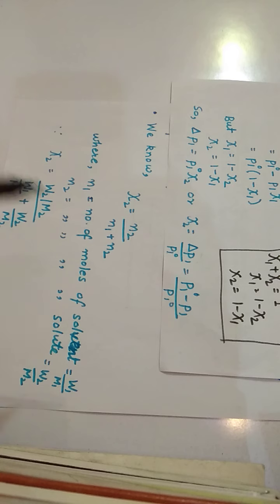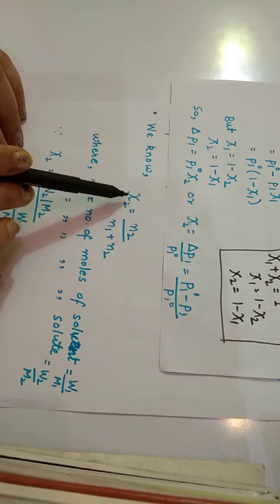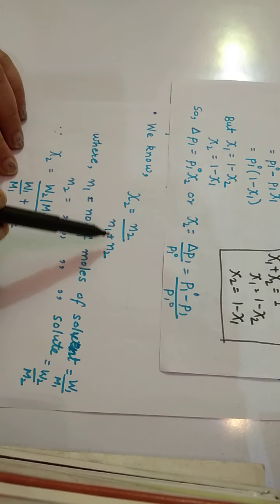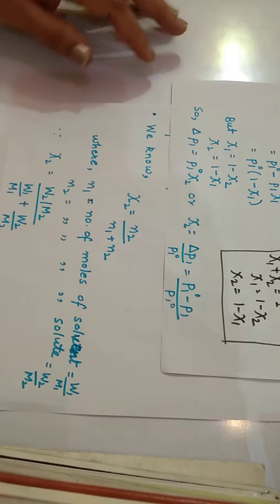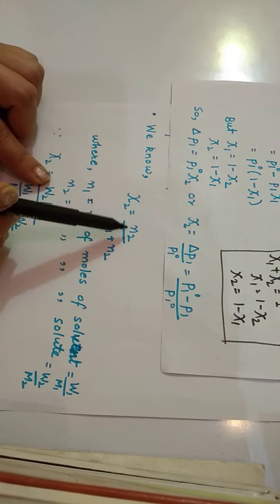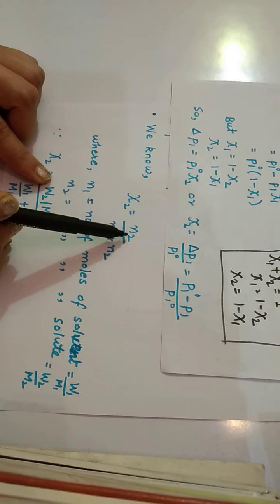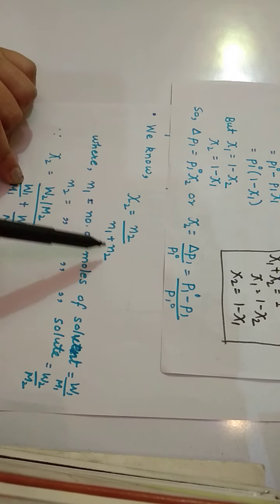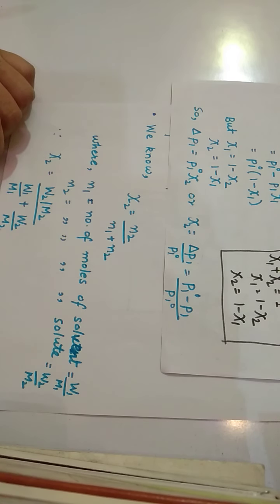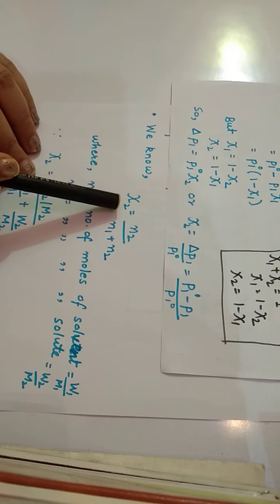So x2 is equal to n2 upon n1 plus n2. This formula you all know, children. Here n2 is the number of moles of solute, n1 is the number of moles of solvent, and x2 is the mole fraction of the solute.